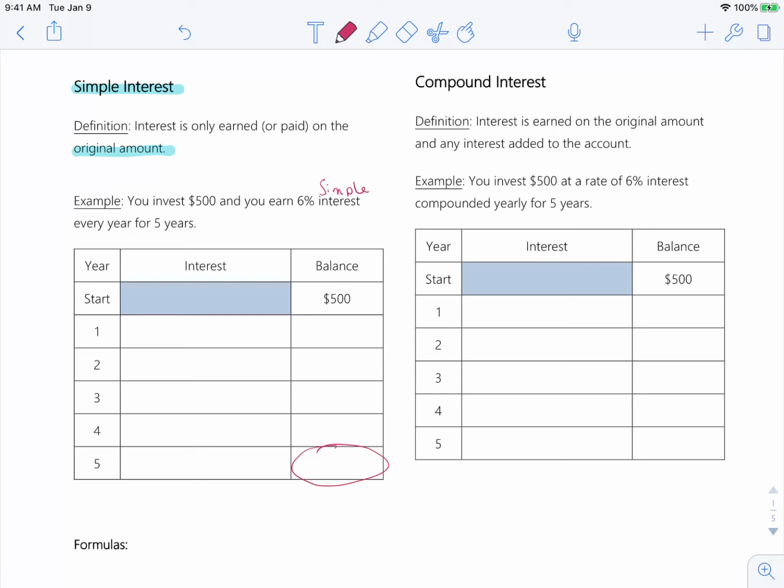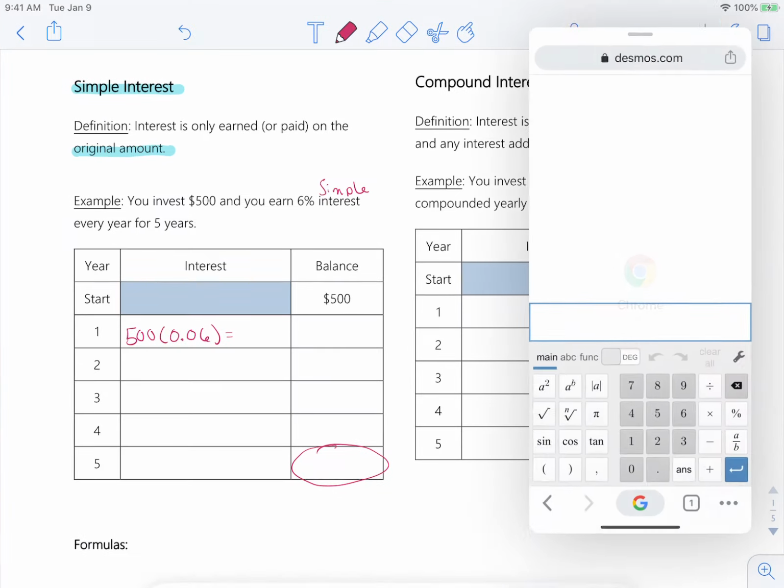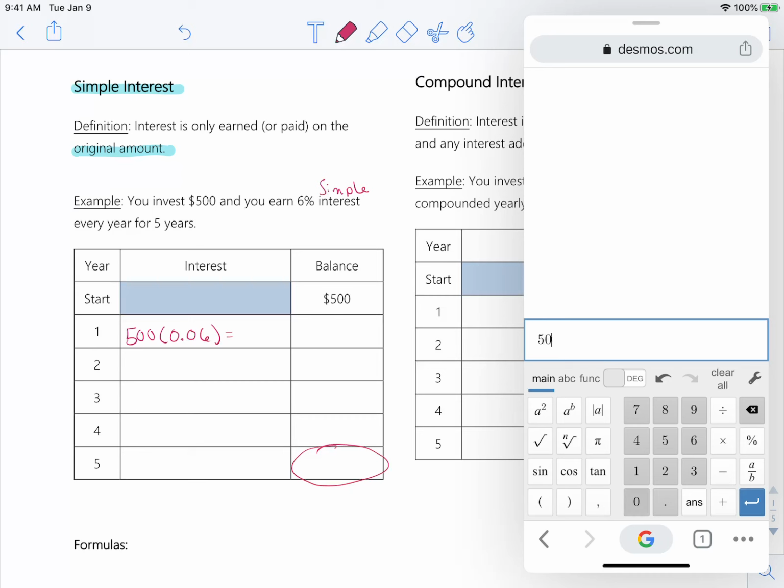So year 1, we start with 500 and we earn 6% interest, which is 0.06. If we use Desmos or whatever calculator, I'm going to do 500 times 0.06 and I get $30. So my balance then is going to be 500 plus the 30 I earned. So I get $530 year 1.